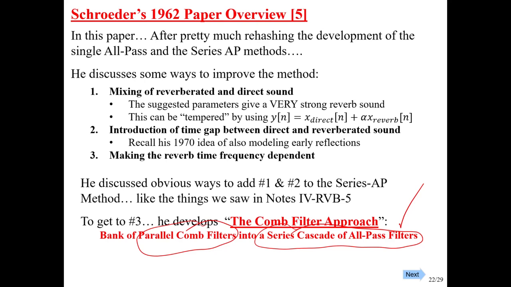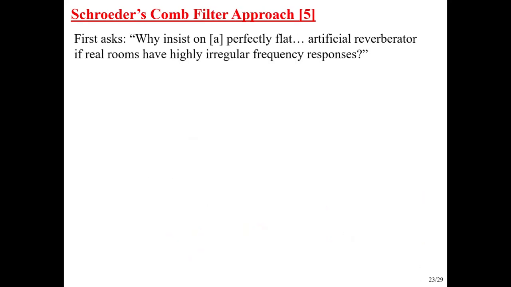And now he's going to take the comb filters that he had in the '61 paper, but he's going to put a bunch of them in parallel and run those into a cascade that he had in the '61 paper. So he calls it the comb filter approach, but really I think it should be called the comb and all-pass filter approach.